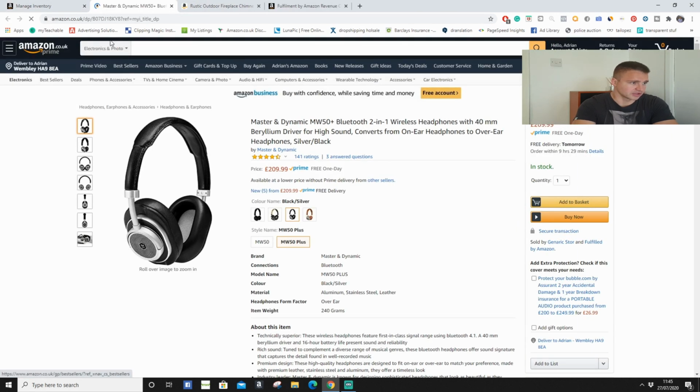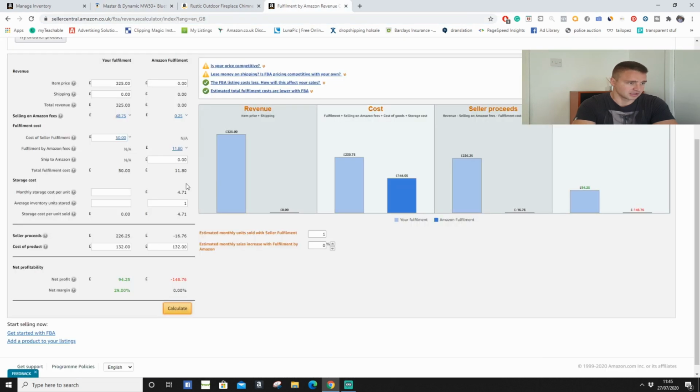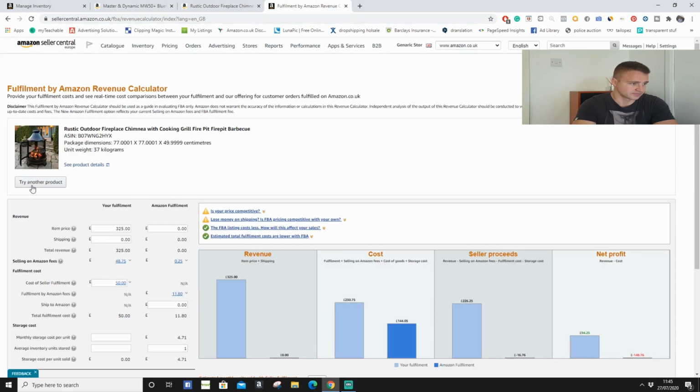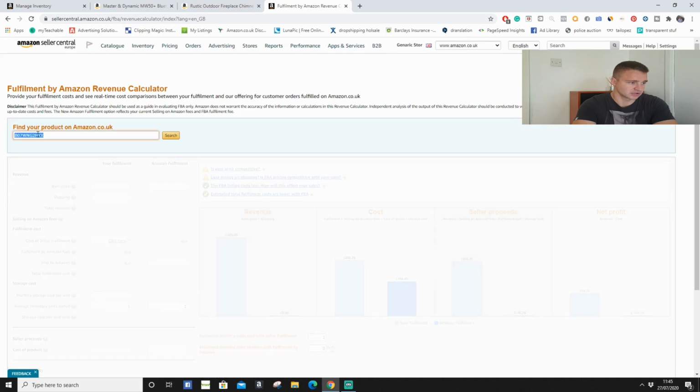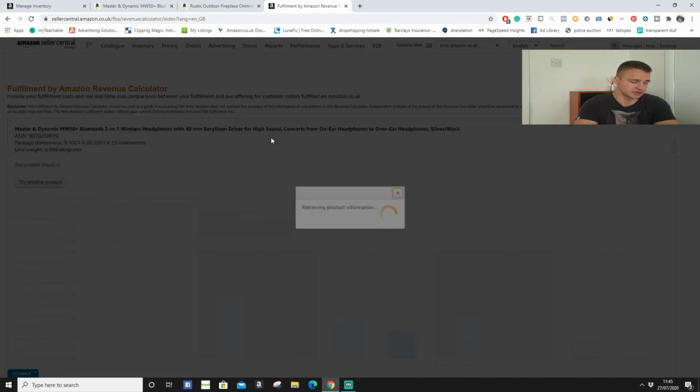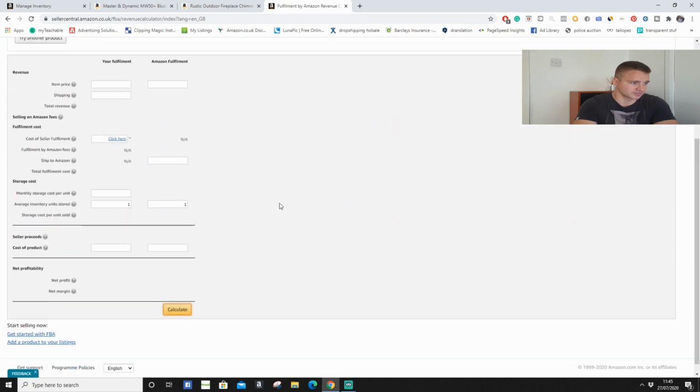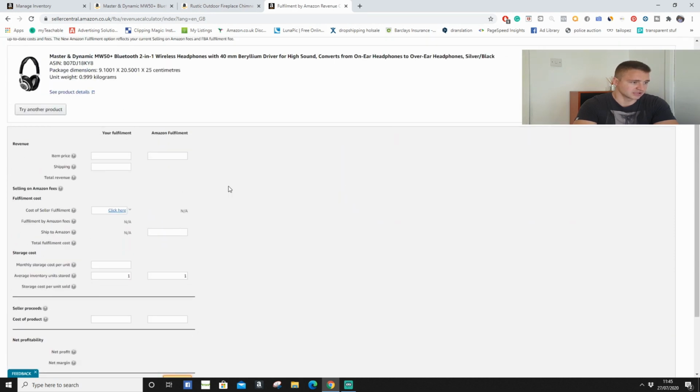Again, I'll copy the ASIN and paste it in here. Okay, this is the product. Item price, I sell it for 209. Actually, I fulfilled here, so 209 in both cases.